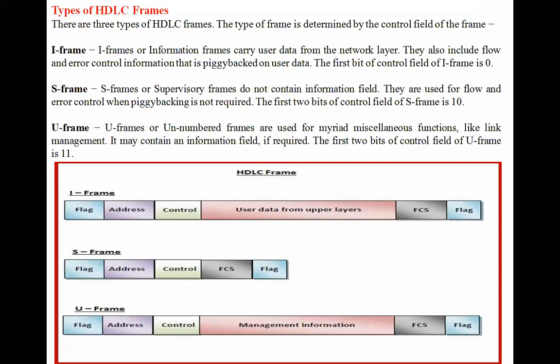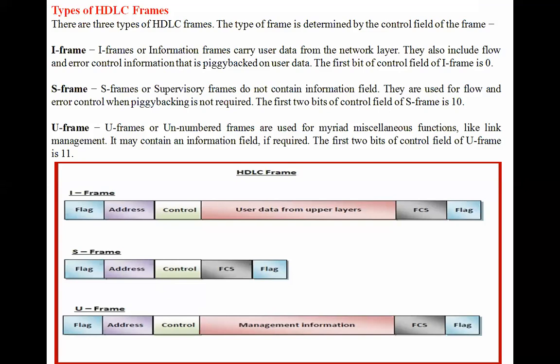The main function of the I frame is information. We are going to carry the information without any error, and we assign the I frame the bit 0. For supervisory frames, we use the bits 1 0.